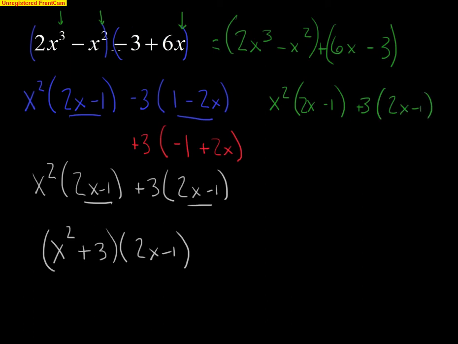So because I didn't recognize right away, I was still able to work through it, but now this was a lot shorter. X squared plus 3 and 2x minus 1. So trying to write it in standard form first definitely helps. So hopefully those 4 examples help you with factoring by grouping.